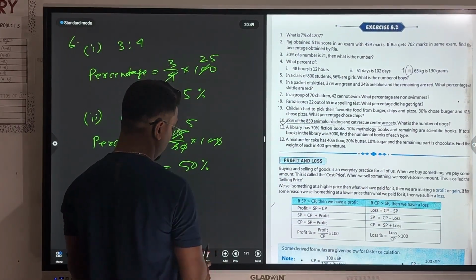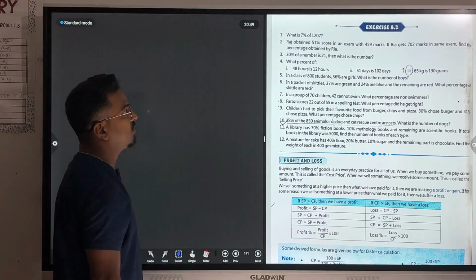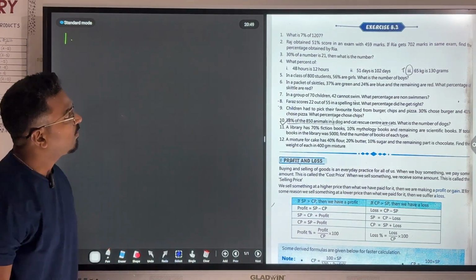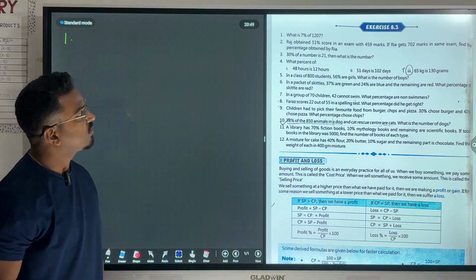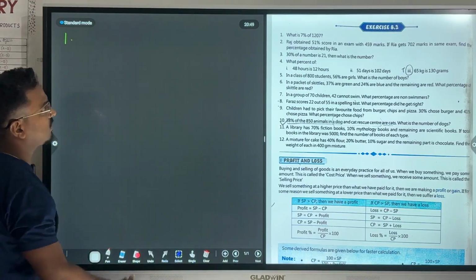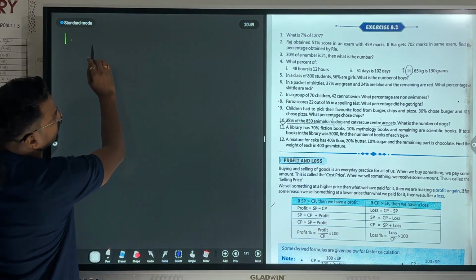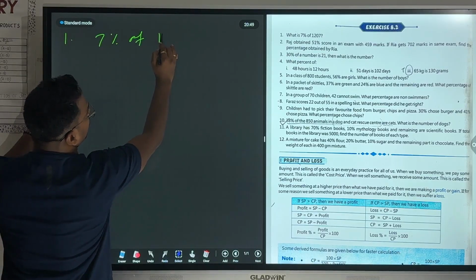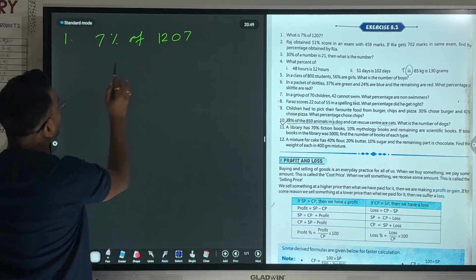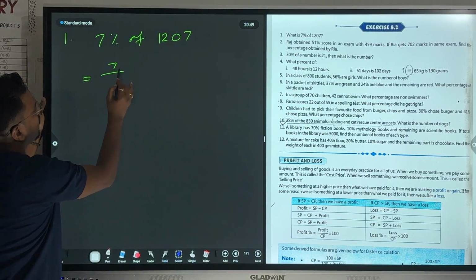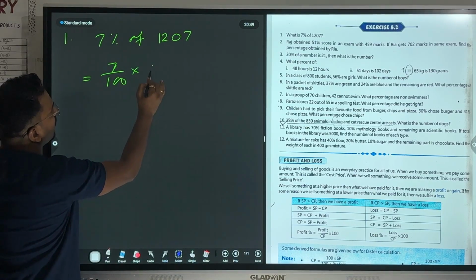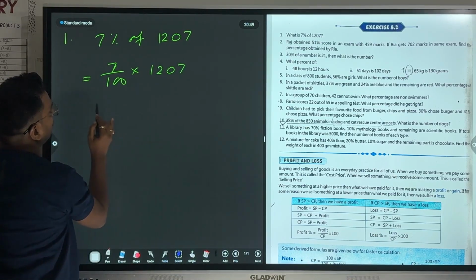Okay, question number 1, exercise 8.2. Question number 1 is given, 7% of 1207. So, what you have to write? 7% of 1207. 7% means 7/100, and of means multiply, 1207.